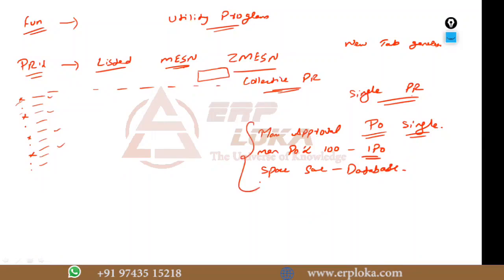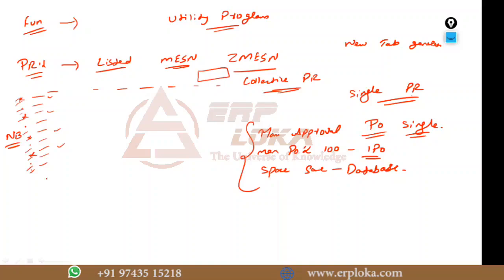Now, how are you going to set this up based on the configuration? First, you need to set up the configuration. For example, all these MRP-generated PRs are getting generated with the document type NB.